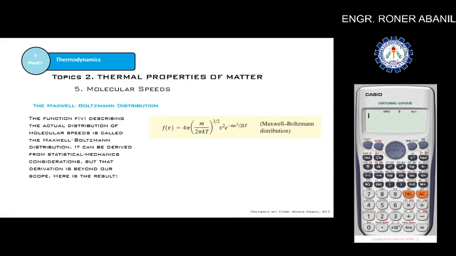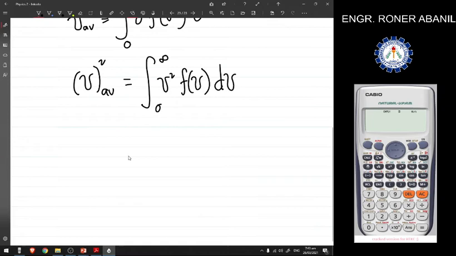We can also express this function in terms of the translational kinetic energy of a molecule, denoted by epsilon, equal to 1/2 mv squared. We can verify this by substituting into the Maxwell-Boltzmann distribution.